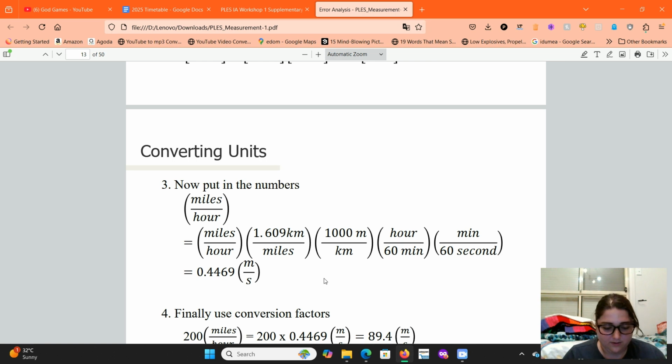That is over 60 times 60, which is 3,600. So we divide the top by the bottom, and we get the number that is also on screen there, which is 0.4469 meters per second.